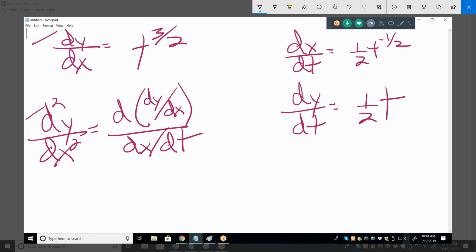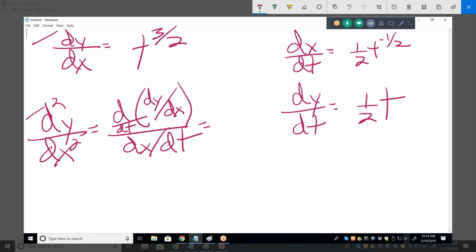But that's where a misunderstanding comes in. And as long as I take this as gospel, and I believe it because it's in my book, now I'm going to take the derivative. I didn't write this correctly. There we go. Now it makes more sense.